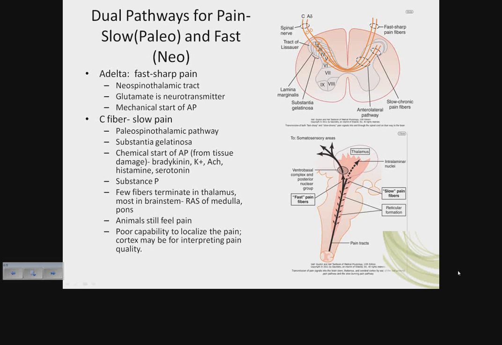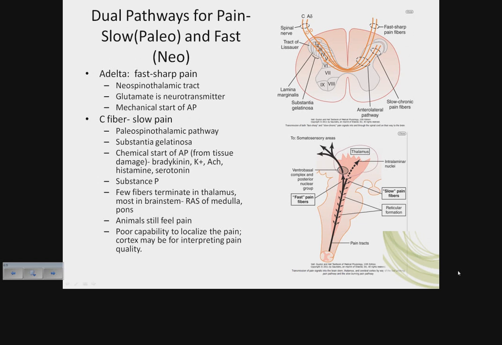You'll notice that these second-order fibers are crossing over immediately, and they are going to go up to the thalamus and then synapse on third-order neurons, which you cannot see in this picture, but you'll see that the axons, the tracts, are circled as fast, sharp pain fibers.